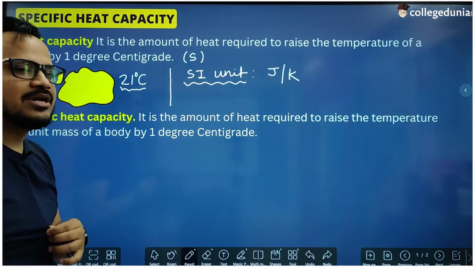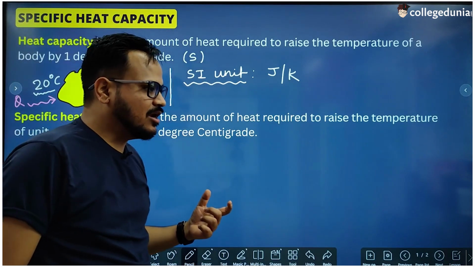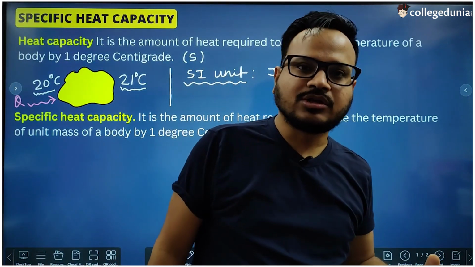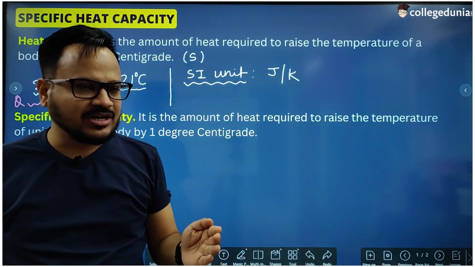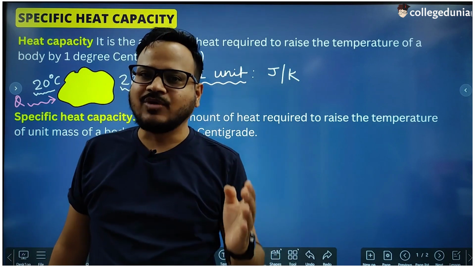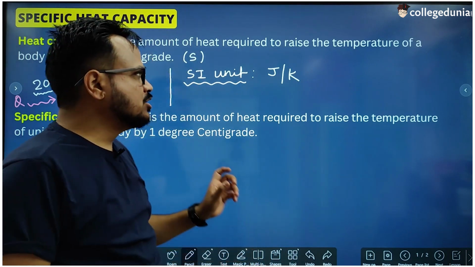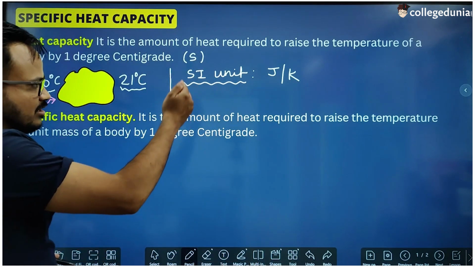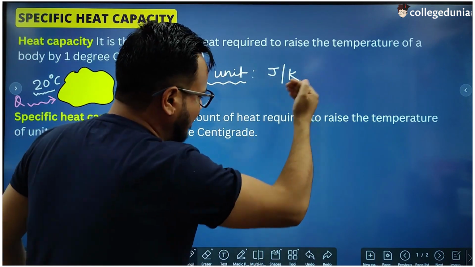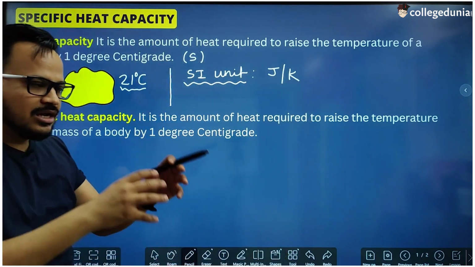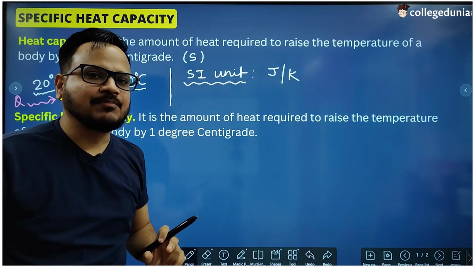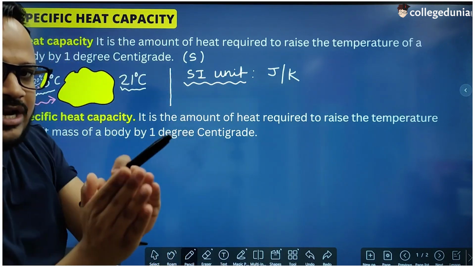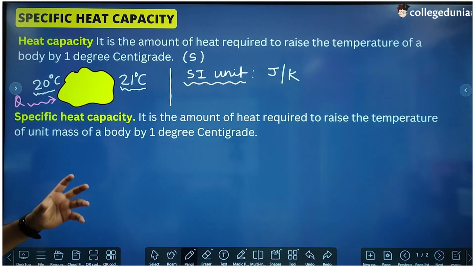When you increase the temperature of a body by 1 degree centigrade, then in Kelvin also the temperature is increased by 1 unit, because the temperature difference of 1 degree centigrade and 1 Kelvin are equal. So this unit, joule per Kelvin, means that this much amount of heat is required in joules to increase the temperature of the body by 1 Kelvin.